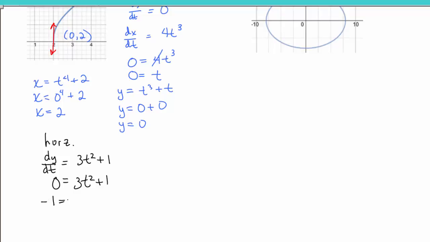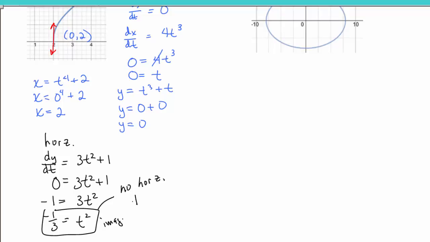I'd subtract 1, I would divide by 3, and at this point if I tried to take the square root, I'm going to get an imaginary number, which I don't want in the real function world. So this would tell us that there are no horizontal tangents. And again, that's confirmed by our graph.